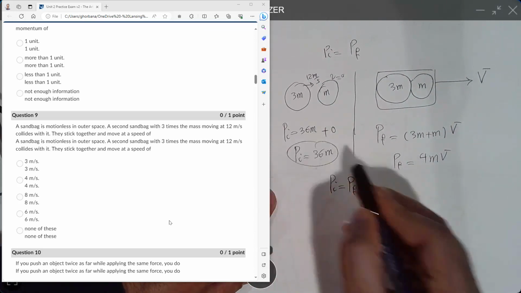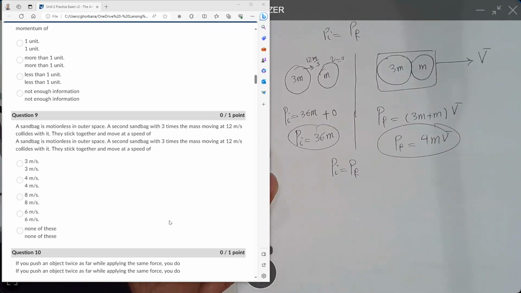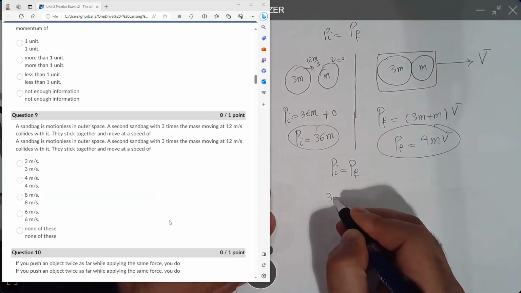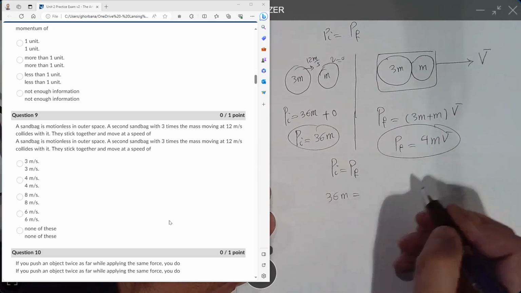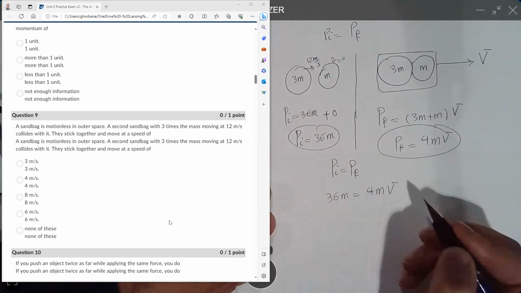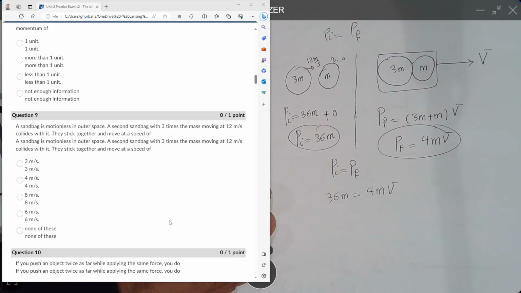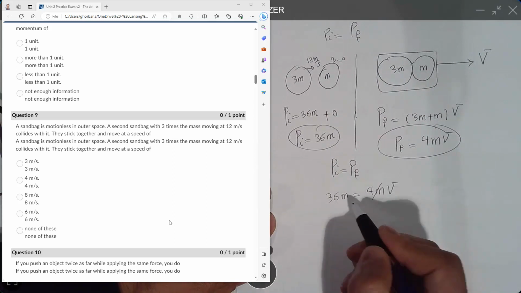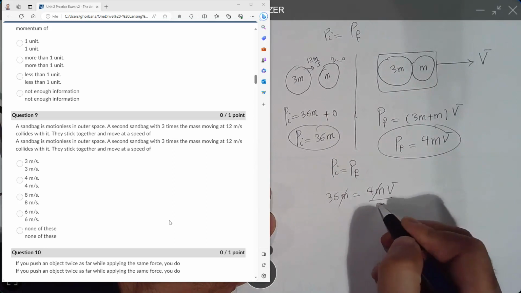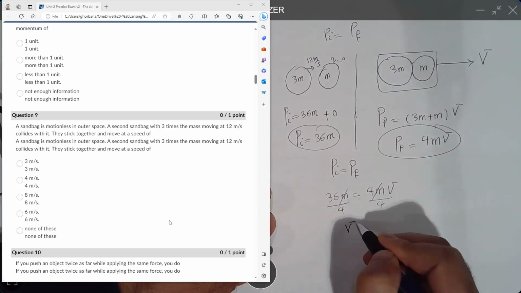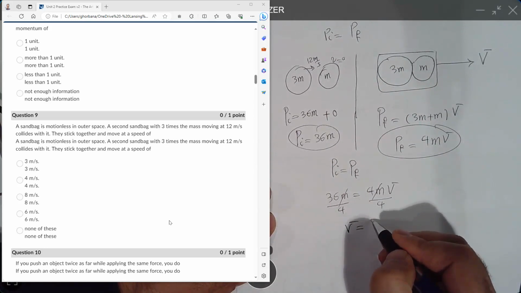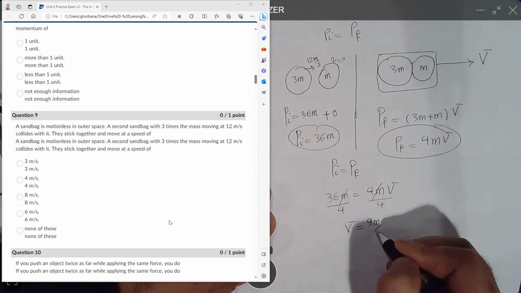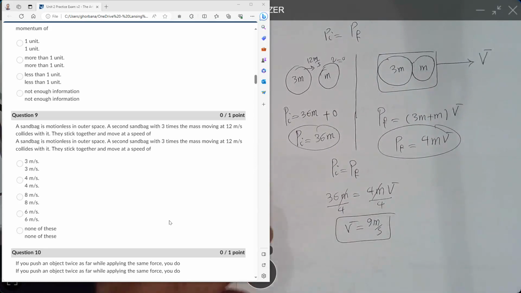Now plug these two equal to each other. PI is 36m, PF is 4mv. M and M cancel each other, divide both sides by 4. V is going to be 36 divided by 4, which is 9 meters per second. So what is the right answer then? The right answer is none of the above.